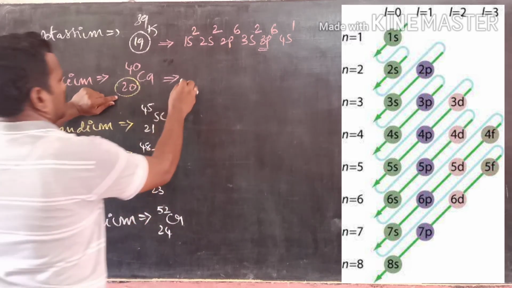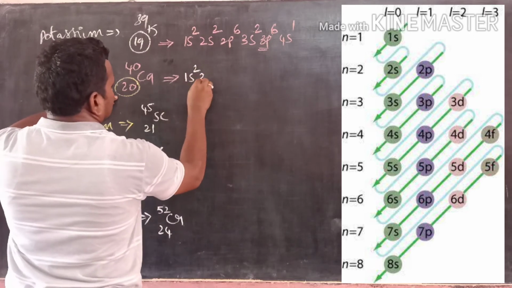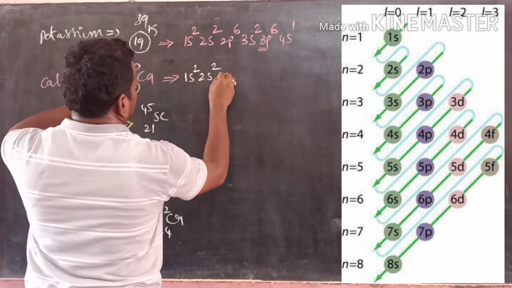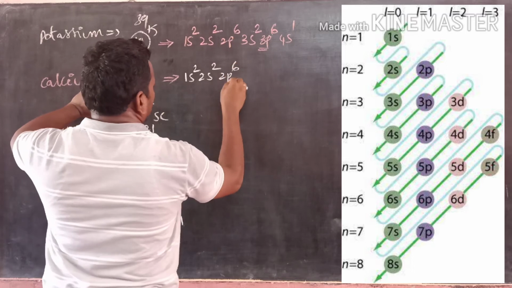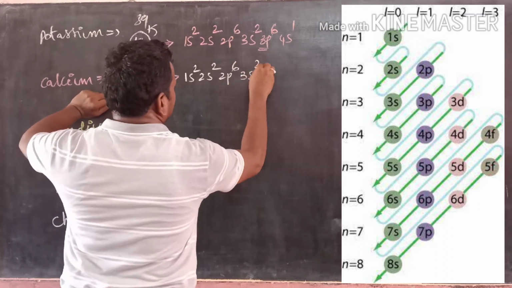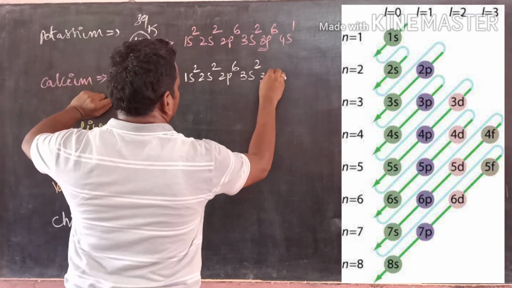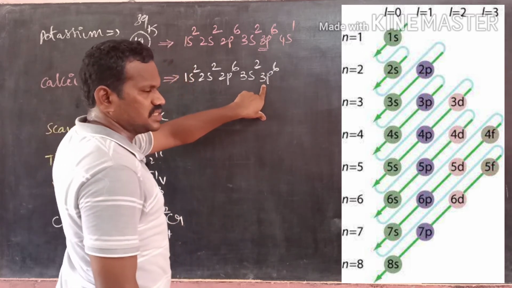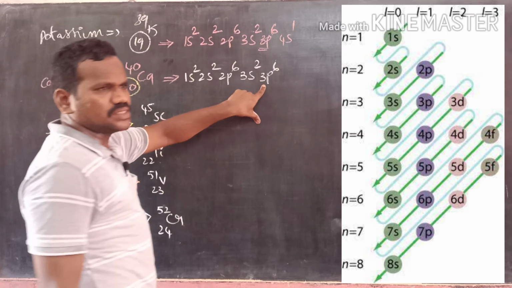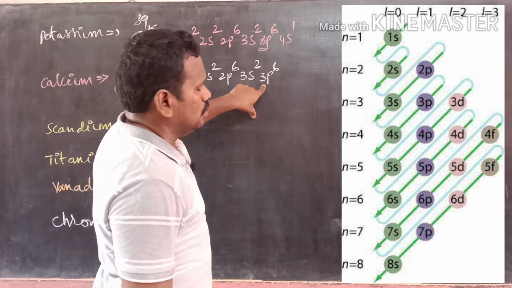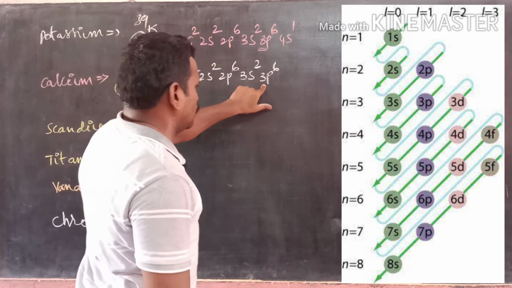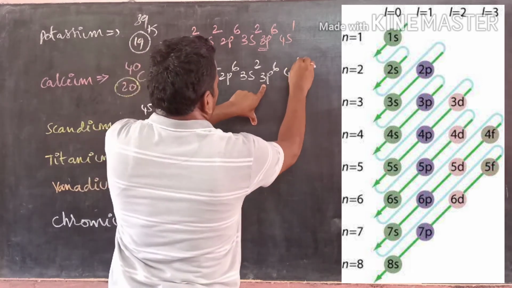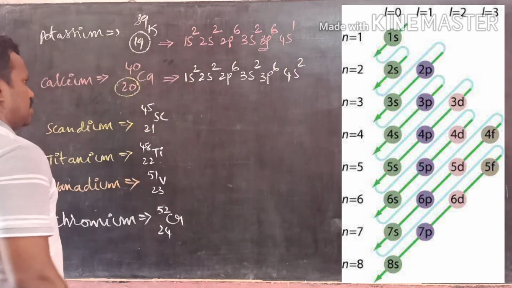These 20 electrons are first accommodated in 1s, next 2s, next 2p, after 2p 3s, after 3s 3p6. After 3p the electron should not enter into the 3d, it enters into the 4s as per the Aufbau principle rules. Then in 4s, 2 electrons are accommodated.